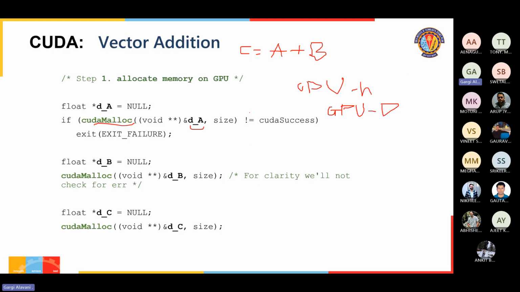So if you use this nomenclature of adding a d in front of A, you know that this array is the device array. The one that will be given to your GPU will be d_A. The one that will be used on your host for your CPU will be h_A. It's the same array, but because of this nomenclature, you can differentiate clearly and will not get confused between the device array and the host array. Is it clear?